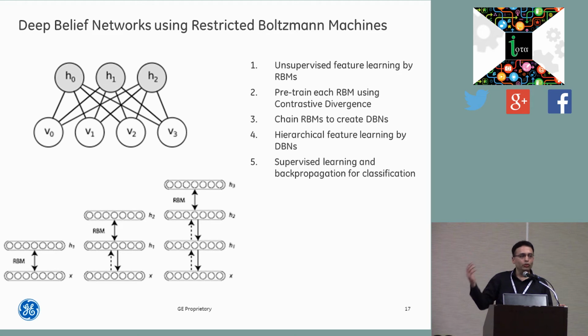And similar to stacked autoencoders, for the final layer we would do supervised learning and backpropagation for the final classification. Similar to stacked autoencoders, deep belief networks also have very high accuracy. Sometimes they are a little bit harder to train compared to autoencoders, but it really depends on a case-by-case basis.